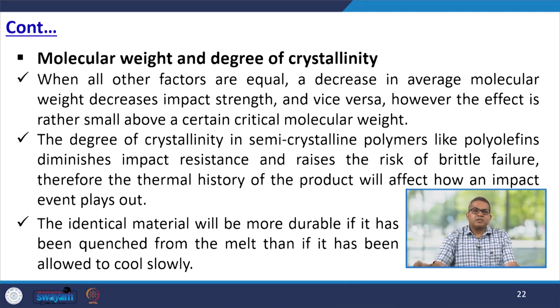The degree of crystallinity in semi-crystalline polymers like polyolefins diminishes the impact resistance and raises the risk of brittle failure. Therefore, the thermal history of the product will affect how an impact event plays out. The identical material will be more durable if it has been quenched from the melt than if it has been allowed to cool slowly.